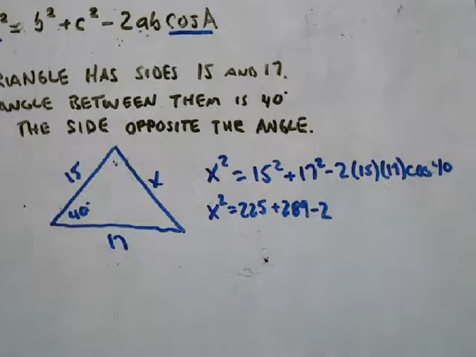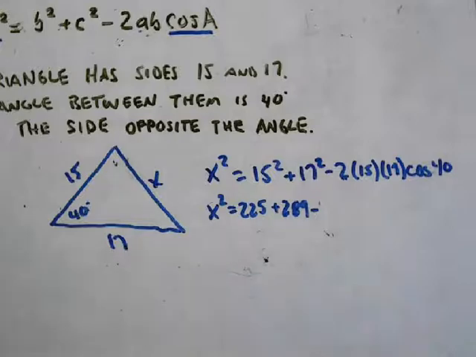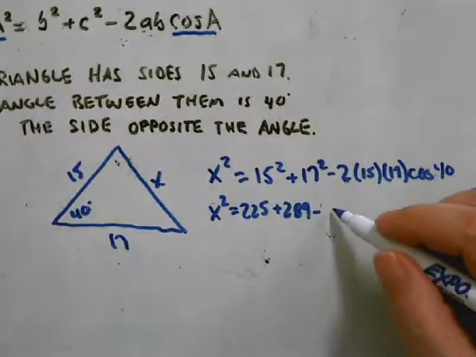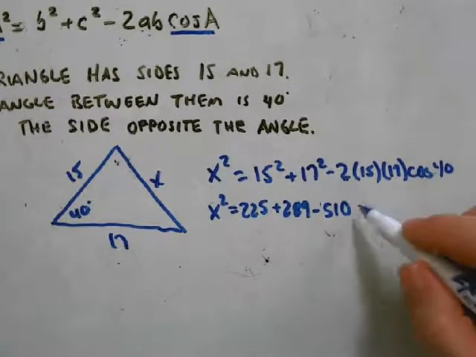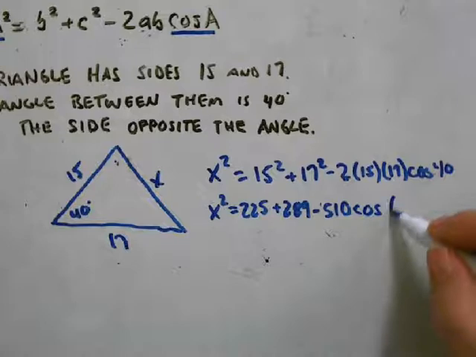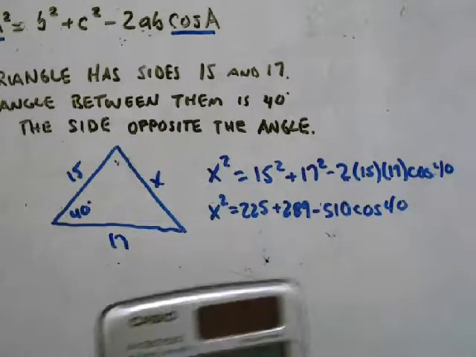Let's go ahead and work all this out just to get a bigger answer here. So 15 times 17 times 2 is 510, times cosine 40. At this point, you could probably put the whole thing in the calculator. It wouldn't cause too many issues.